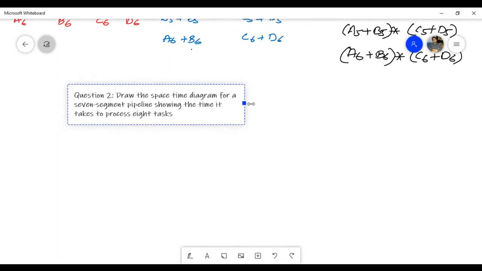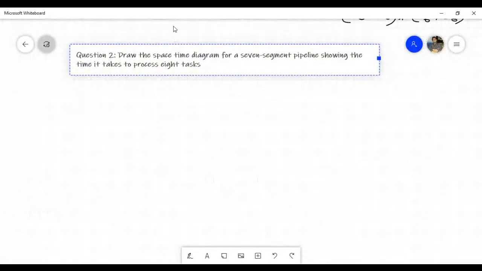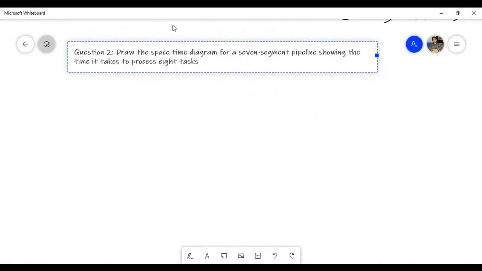Very simple. Here you have to draw the space-time diagram for a 7-segment pipeline showing the time it takes to process 8 tasks. So here the number of segments is given as 7, and the tasks to perform are 8.